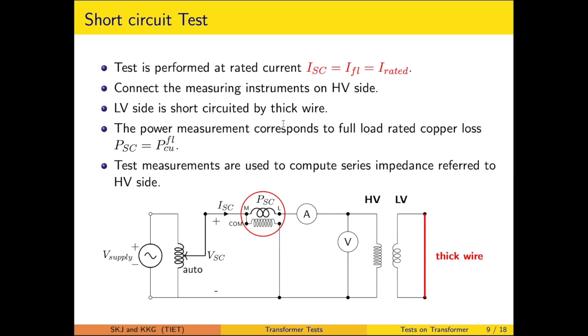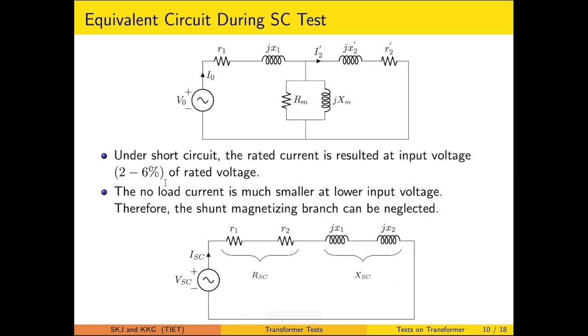Now this gives us the full load copper loss, but the point to be remembered is that the measurements and the parameters obtained will pertain to the high voltage side. So the equivalent circuit will look like this. As the short circuit test is performed at low voltage, the no load magnetizing current component will be much smaller.